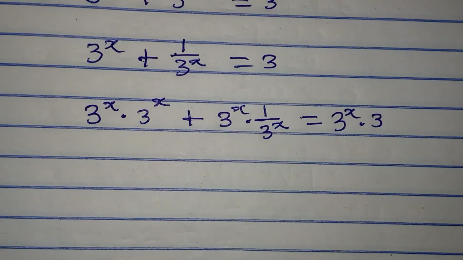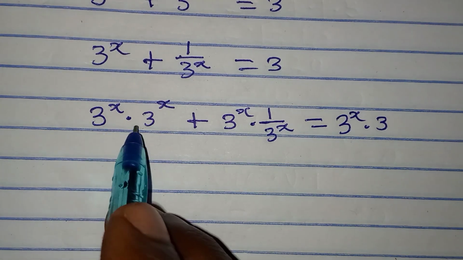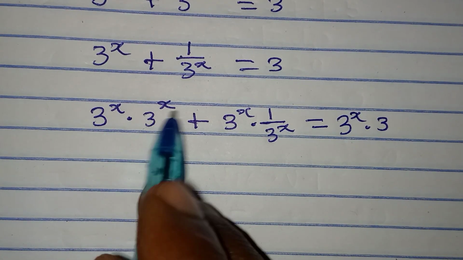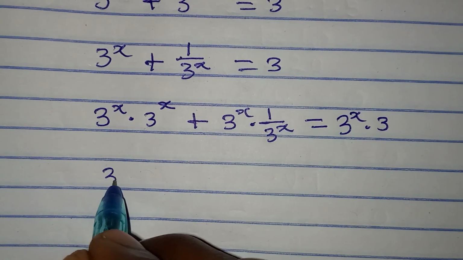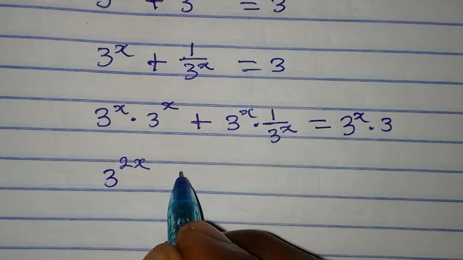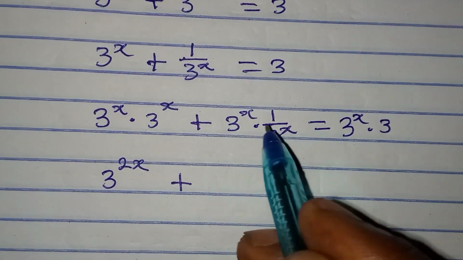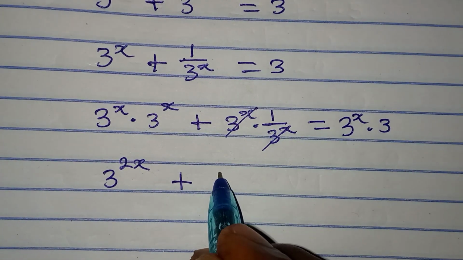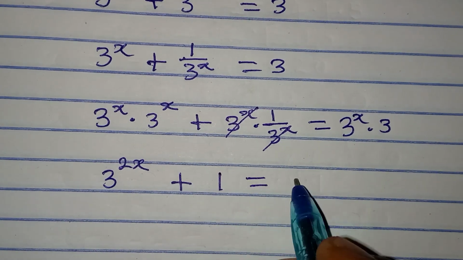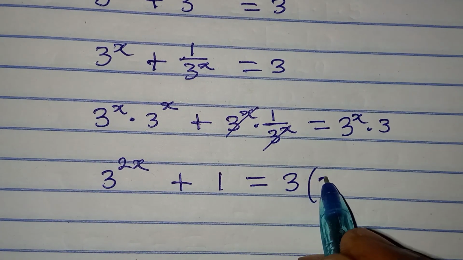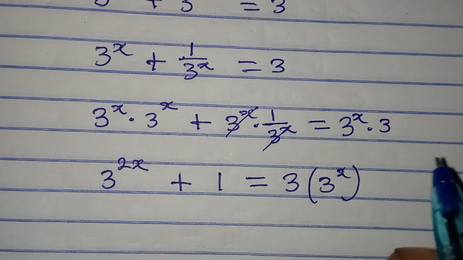This is going to be very interesting. Now 3 to the power of x times 3 to the power of x will give us 3 to the power of 2x, then plus, this will cancel this and we are going to have 1, which will be equal to 3 multiplied by 3 to the power of x.